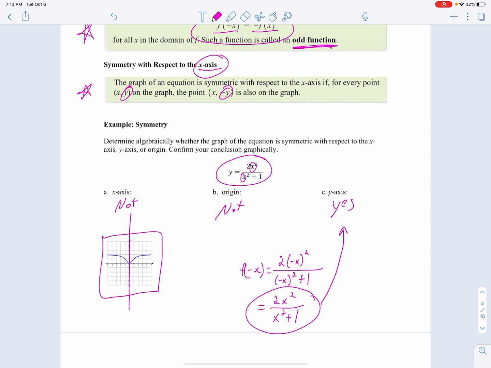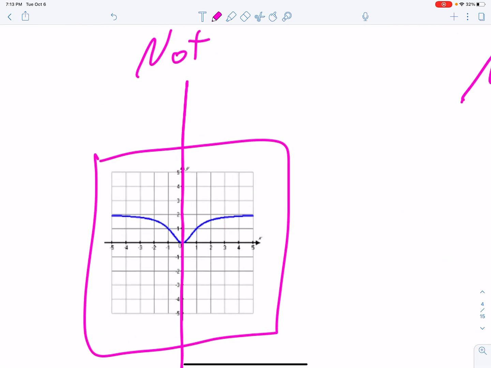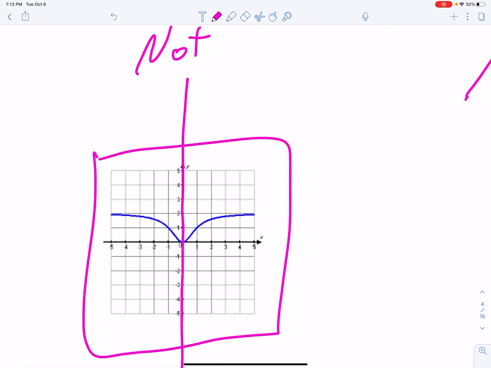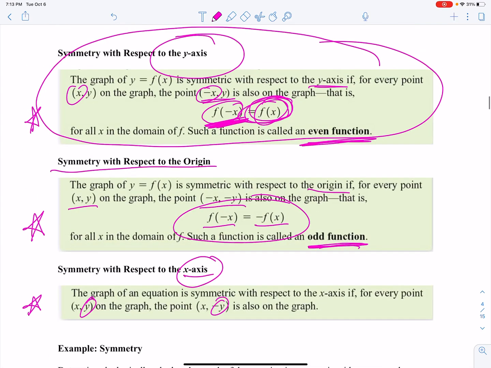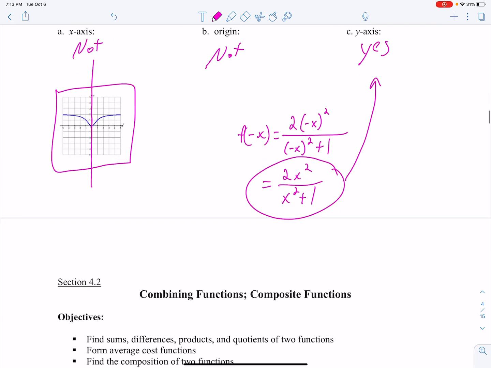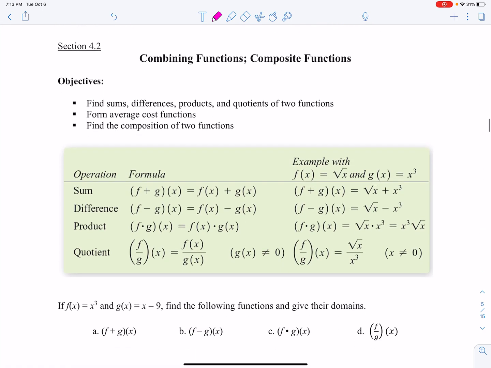If the y-axis was a mirror, we can definitely see this graph is the same on both sides of the mirror. Okay? All right, so make sure you know these three little checks right here for symmetry about the different areas: the x-axis, the y-axis, and the origin. Okay?